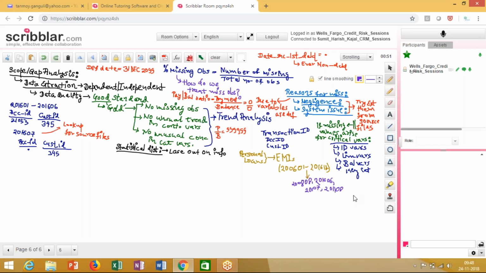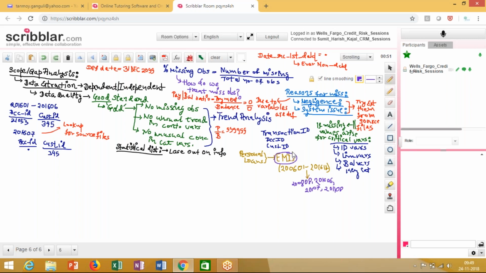So, what do you do? What you do is you reconstruct this variable. You know that EMI is an amortization case, right? So you compute the EMI value.